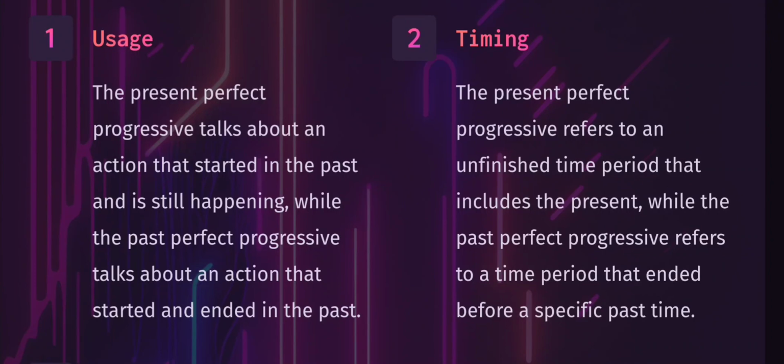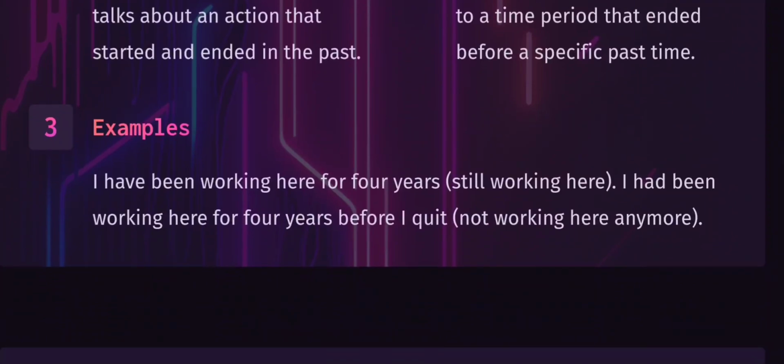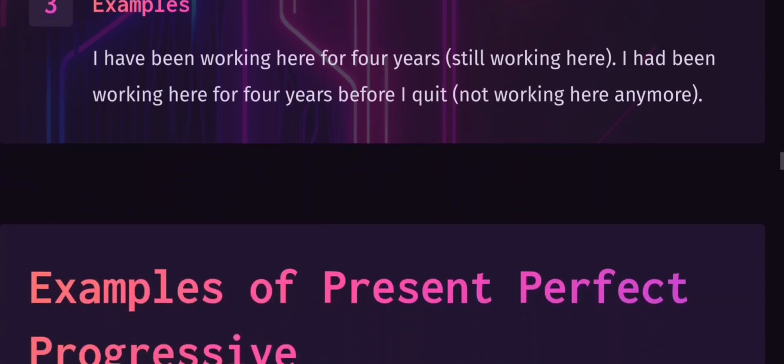The present perfect progressive refers to an indefinite time period that includes the present, while the past perfect progressive refers to a time period that ended before a specific past time. Examples. I have been working here for 4 years, still working here, and I had been working here for 4 years before I quit, not working here anymore.